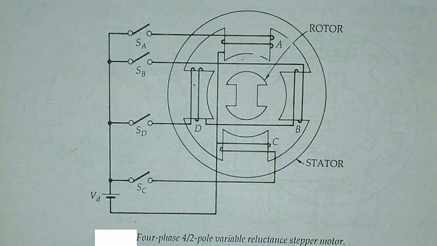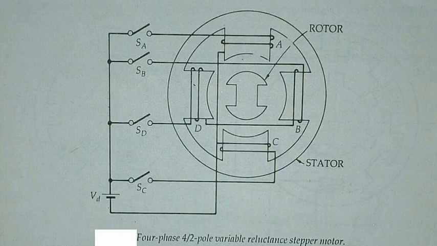Next, phase B is excited and A is disconnected. The rotor moves through 90 degree in clockwise direction to align with the resultant air gap field which now lies along the axis of phase B. Further, phase C is excited and B is disconnected.